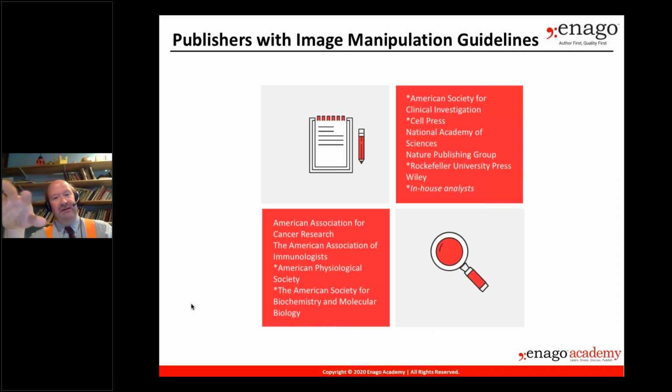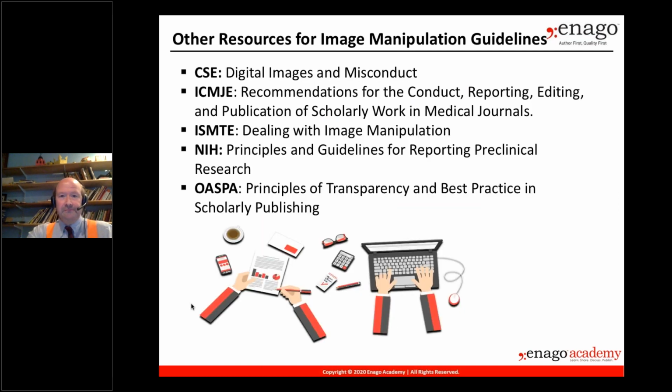Even if you are not publishing in that particular journal or a journal covered by one of these organizations, you still might get some useful advice for wherever you are going to publish if your journal doesn't have as clear or exhaustive a list of what you should and shouldn't do. So that's another thing to keep in mind.